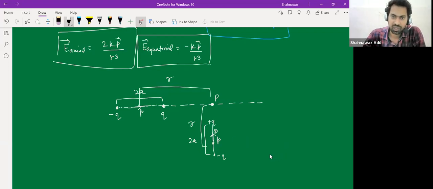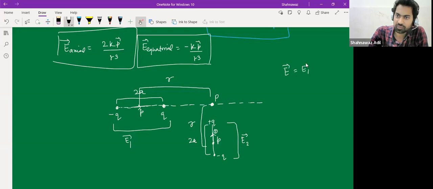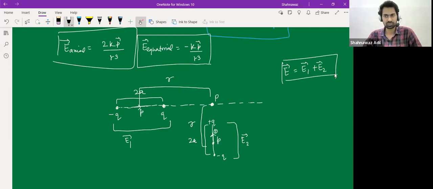The electric field at this point would be the vector sum of the electric field due to this system, E1 vector, and the electric field due to this system, E2 vector. Right, guys?